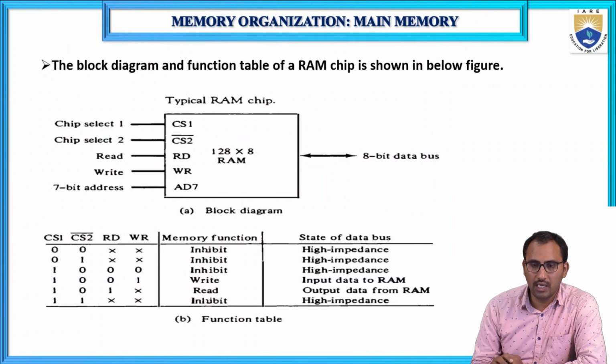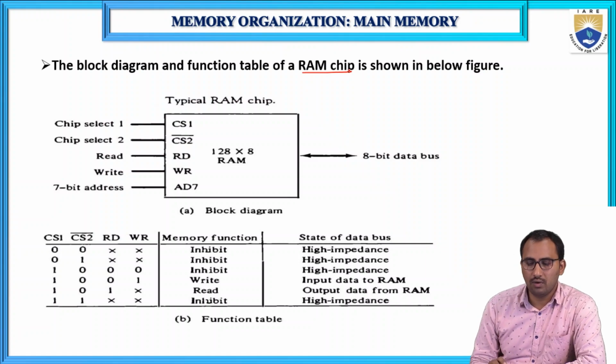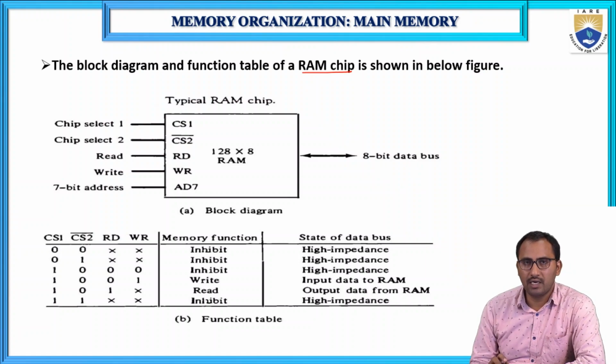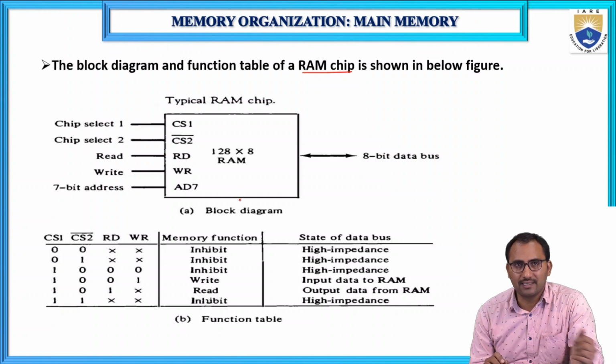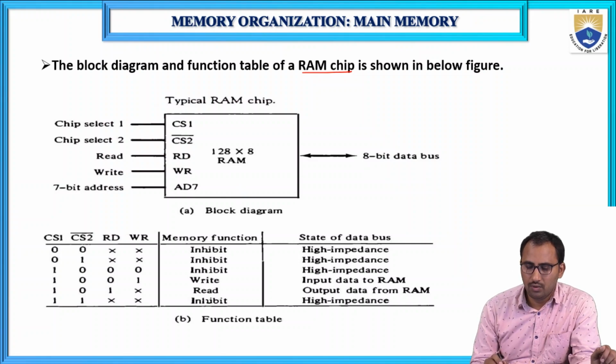See here, you can see the block diagram and functional table of the RAM chip. We have seen different memory chips: the RAM memory chip and the ROM memory chip. This is the RAM, random access memory. The size of this RAM chip is 128 by 8.